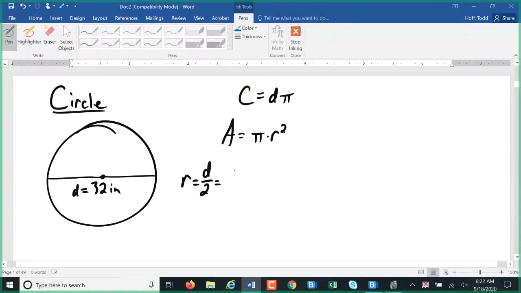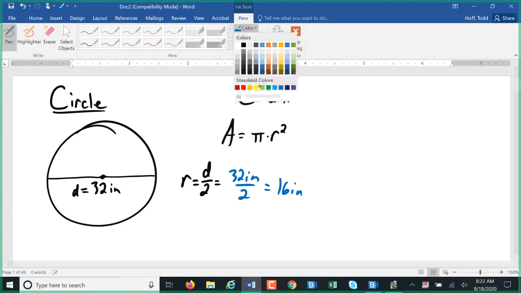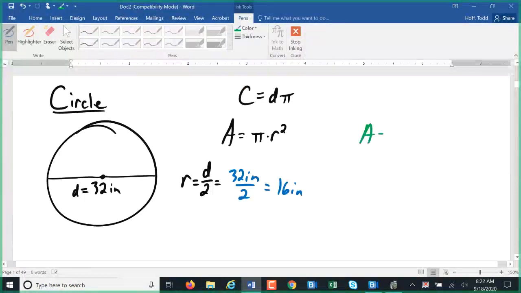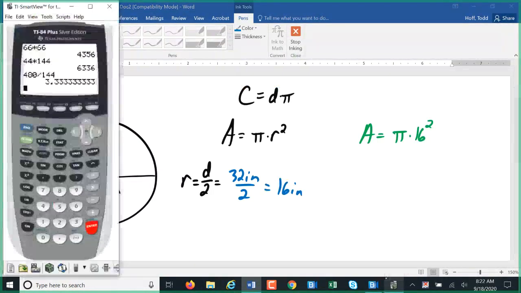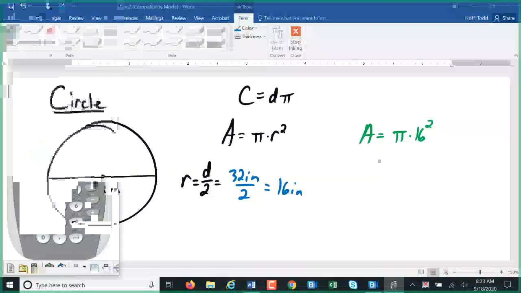So that's going to be 32 inches divided by 2, giving us 16 inches is the radius. So our area will be pi times 16 squared. 3.14 times 16 squared. Here's 803.84.